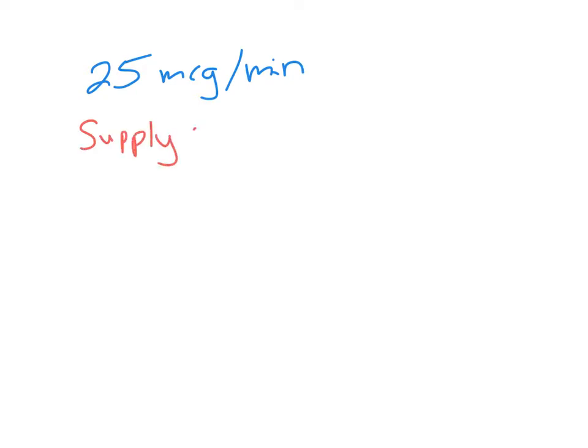So let's say we have a problem where I've ordered a patient to take 25 micrograms a minute. And let's say that medication, the supply, on the label, we know how much medication the patient needs. But again, if I'm trying to eventually get to milliliters per hour, I need to know how many milliliters it comes in.